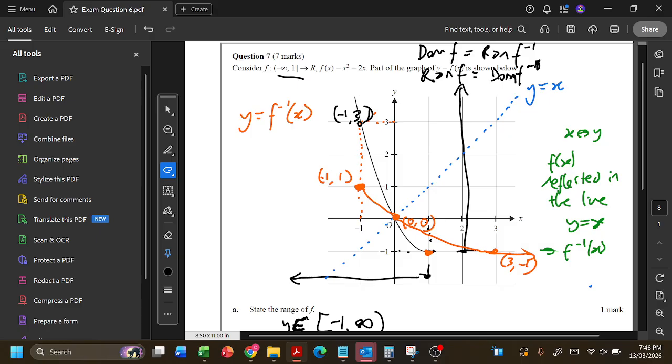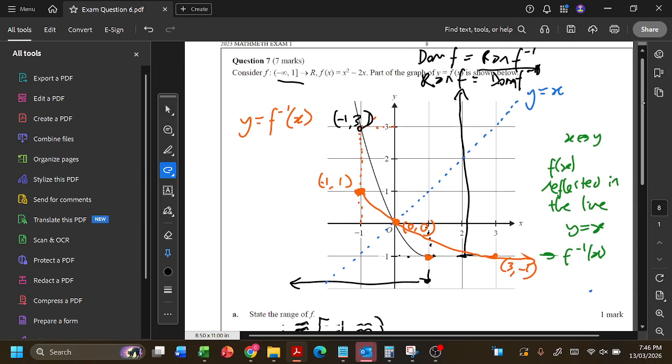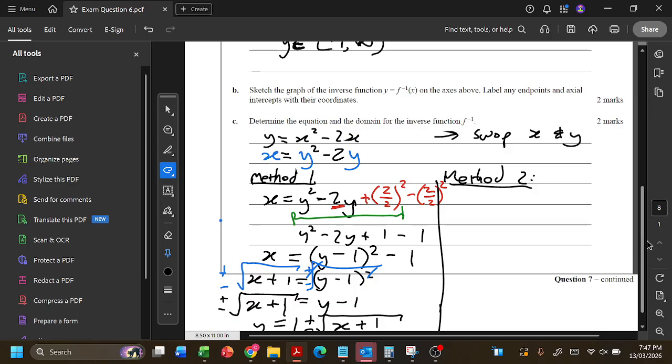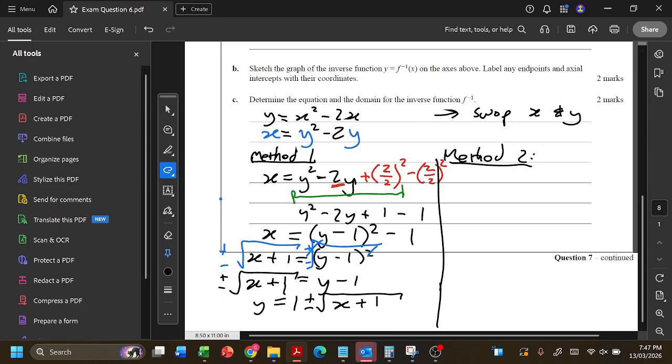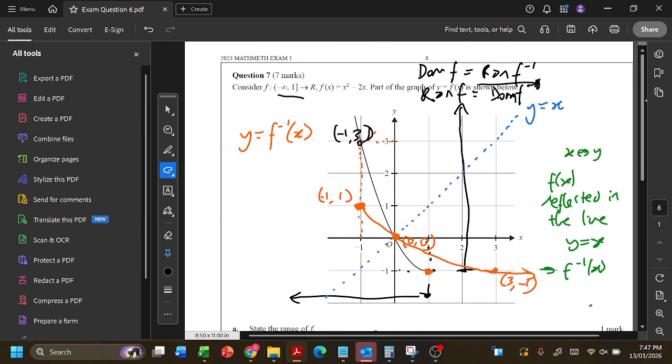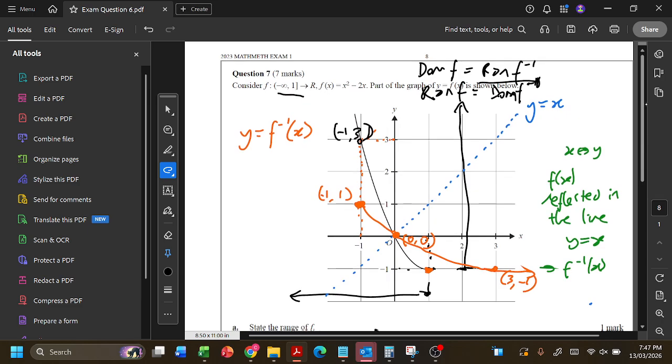Well, the domain of this original function we started with was negative infinity to 1, right? So it's like the left side of the parabola, which means that's only going to be the range of f inverse with the negative root here. Or you can think about it as we're dealing with the left side of the parabola, so it should be that.